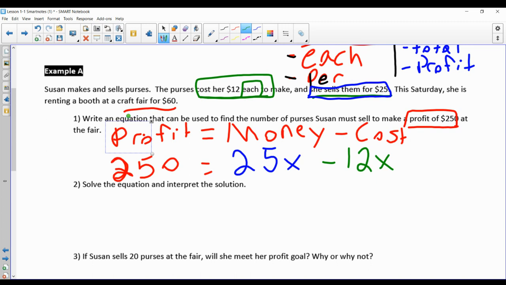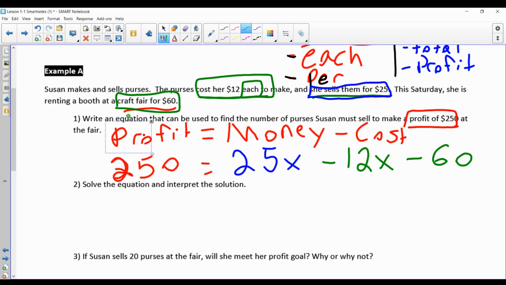Before we continue on, though, there's actually one more cost, okay? We cannot forget about this piece of information over here. The craft fair just cost her $60 to be there. So we also need to subtract 60 from this equation. And from there, we have basically built an equation for us.